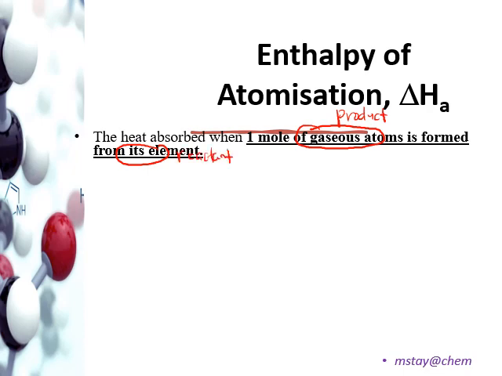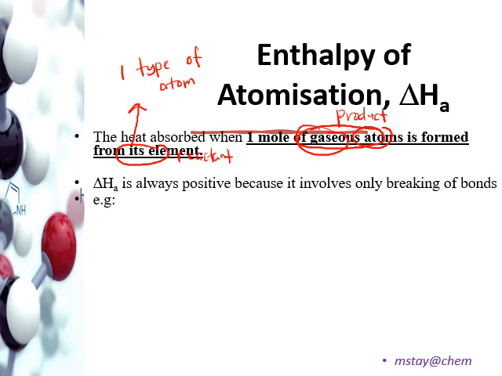As just now in the enthalpy of formation, we already have the idea that the element must consist of one type of atom. Okay, and then the product must be atoms and also in the physical state of gas.